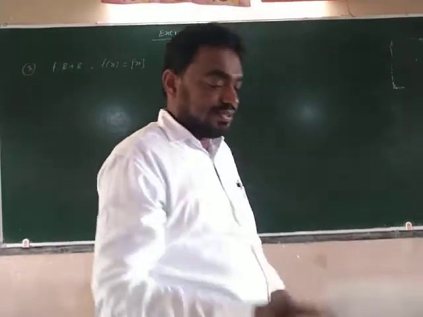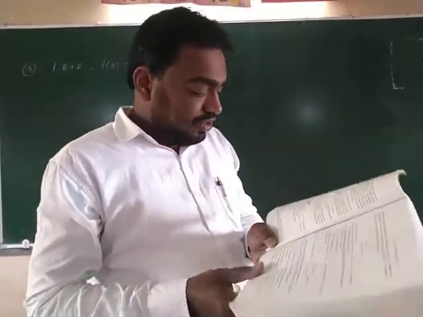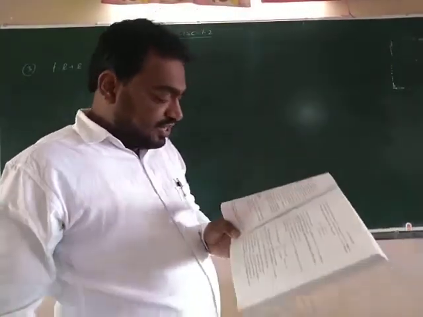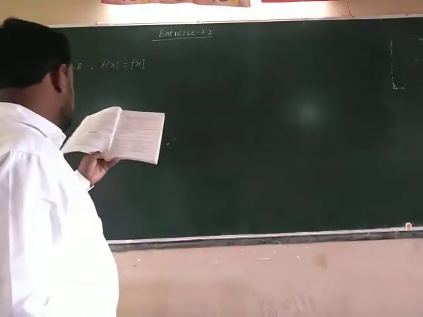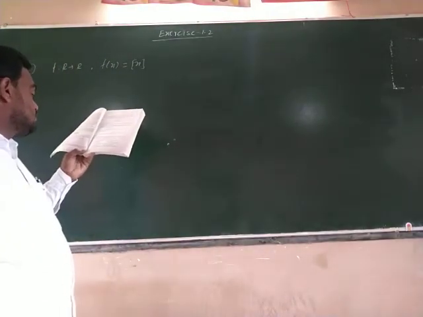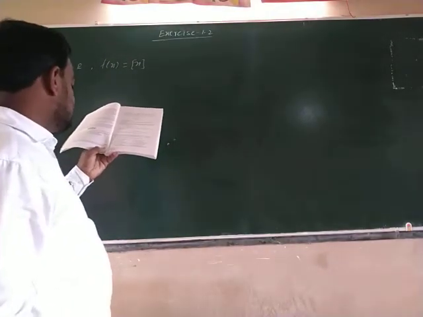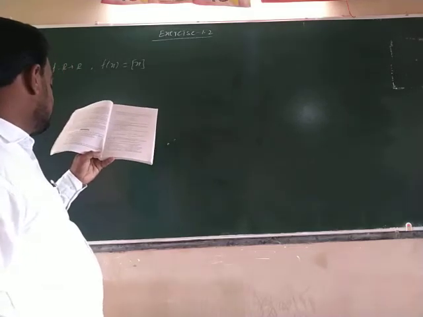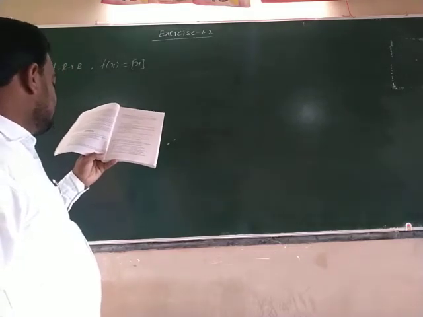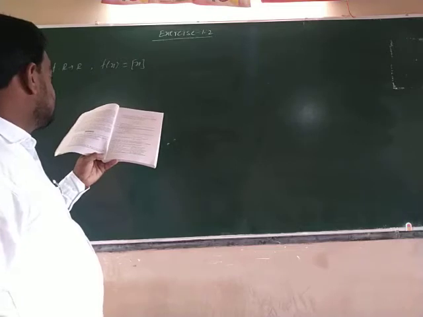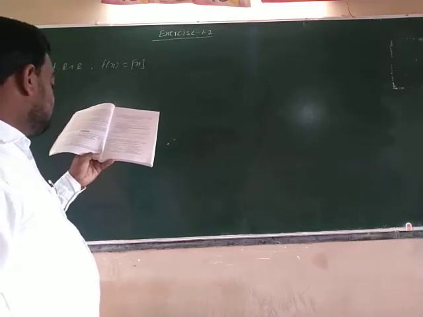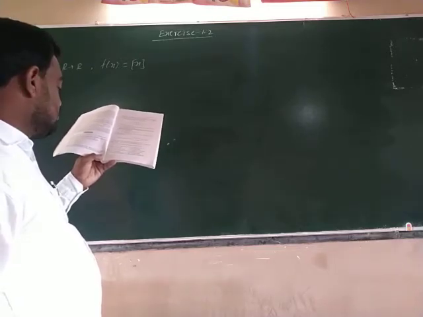Next, question number 3. Prove that the greatest integer function f from R to R given by f of x is equal to greatest integer of x is neither one-one nor onto, where greatest integer of x denotes the greatest integer less than or equal to x.